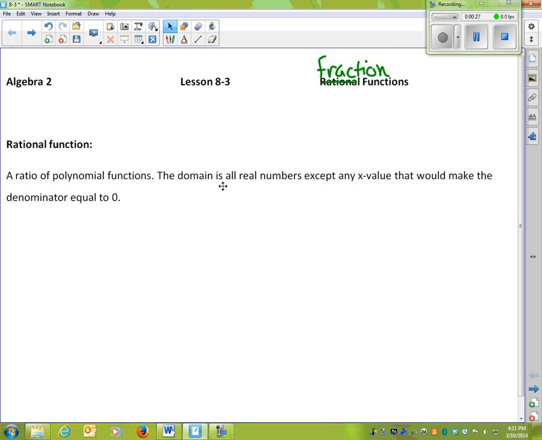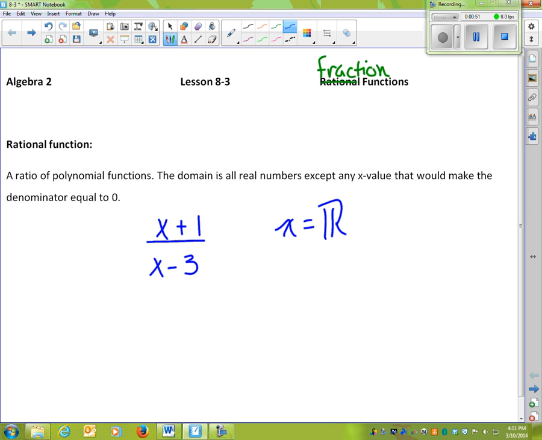The domain, or the x values, are all real numbers, except any value that would make the denominator equal to 0. If I gave you a rational function of x plus 1 over x minus 3, this is my function. x can be all real numbers such that x cannot equal positive 3.